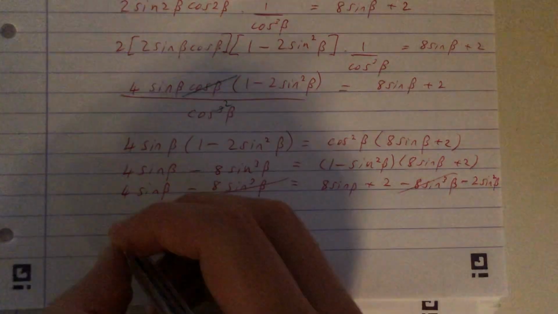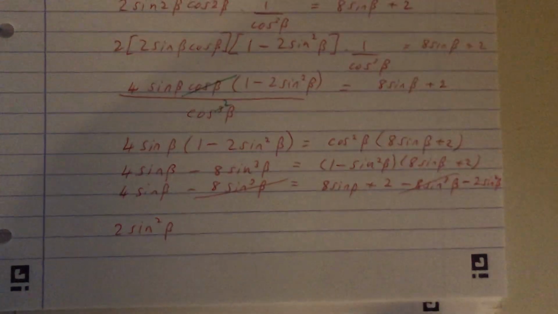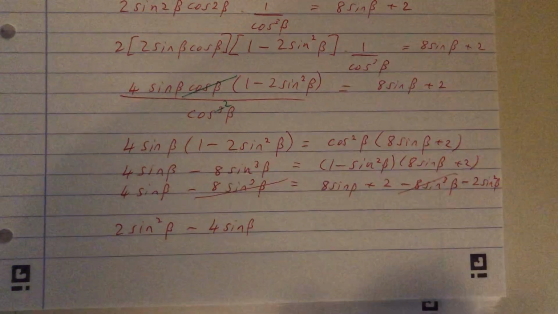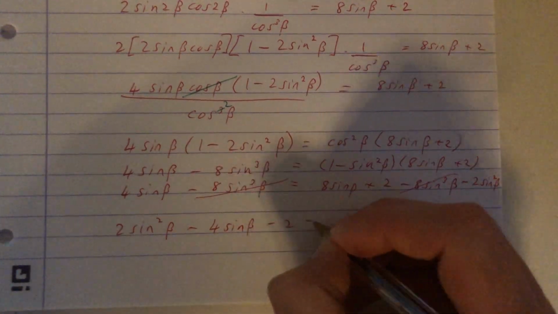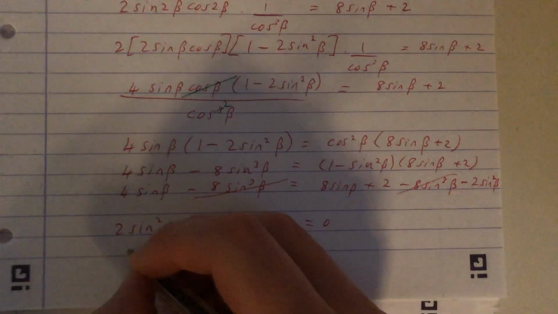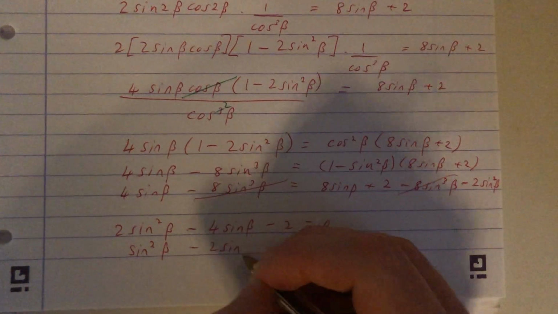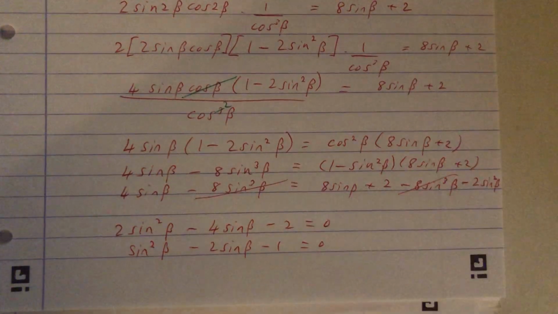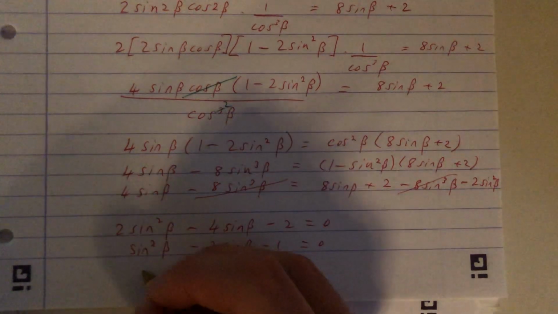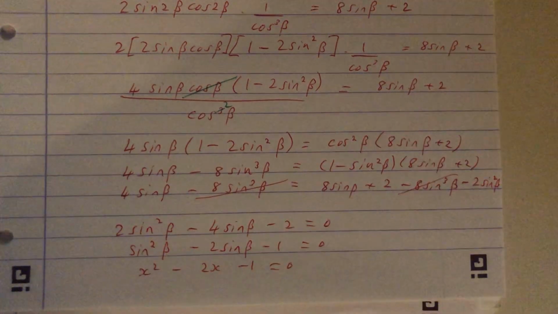If I take everything to the left, I've got 2 sine squared beta subtract 4 sine beta subtract 2 is equal to 0. Divide by 2, sine squared beta subtract 2 sine beta subtract 1 is equal to 0, which is a quadratic. X squared minus 2x minus 1 is equal to 0.